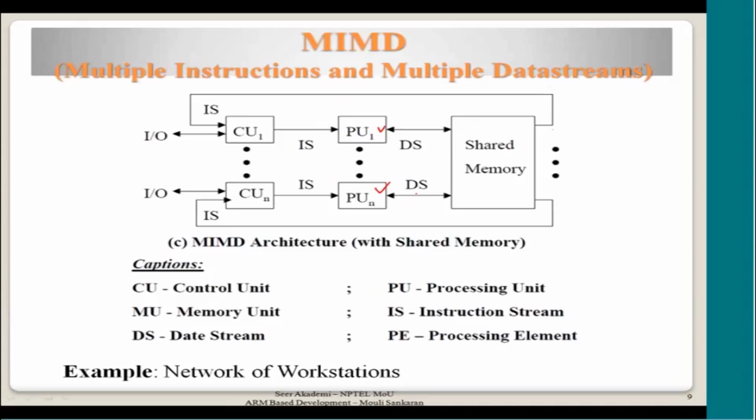They work on different parts of the data, but they all work on a single application, and they may do different jobs which all combine together to achieve an application goal. So they all run in parallel, they all work on different sets of data and different sets of instructions are running on them. So this is called multiple instruction and multiple data stream. A network of workstations may fall under this category.